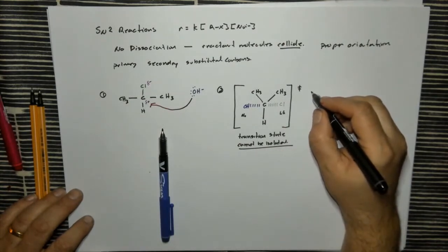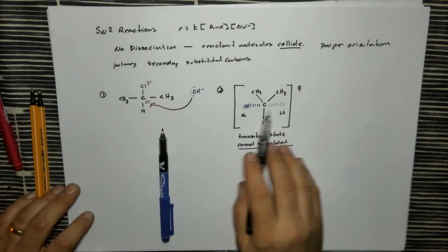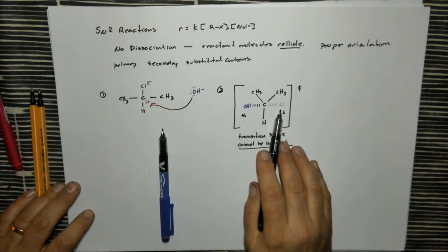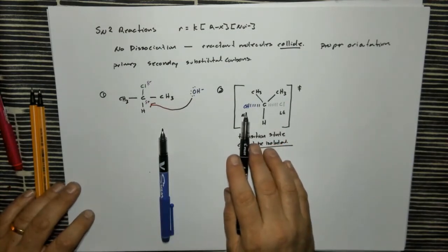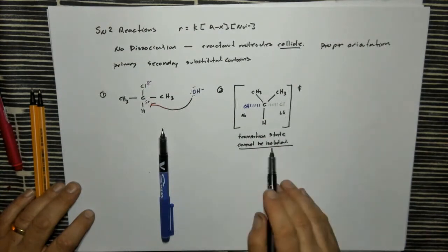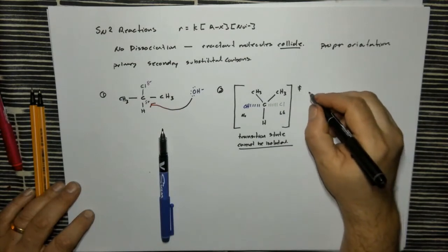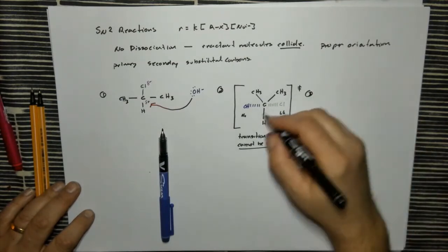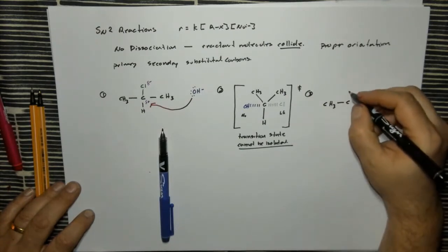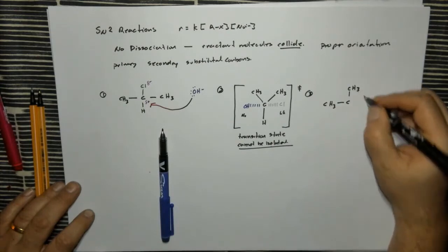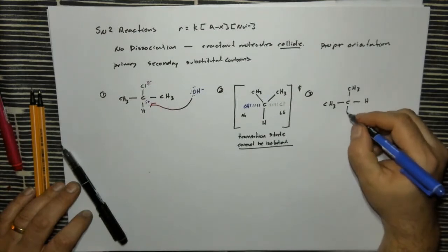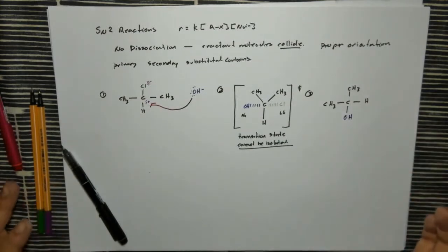And the kinetics of the reaction require then that one of these is somehow going to have some sort of advantage over the other. And that usually is due to the fact that the nucleophile that you're attaching is a stronger nucleophile than the nucleophile that's leaving, the leaving group. In the third picture then, the leaving group has left, and you have a carbon and CH3 and the hydrogen, and then the OH has attached.